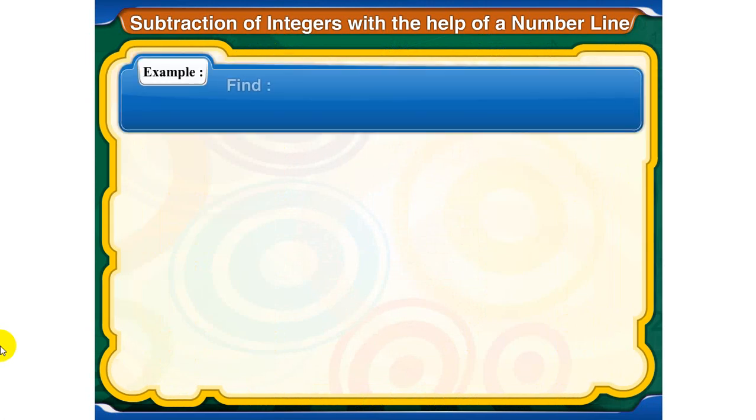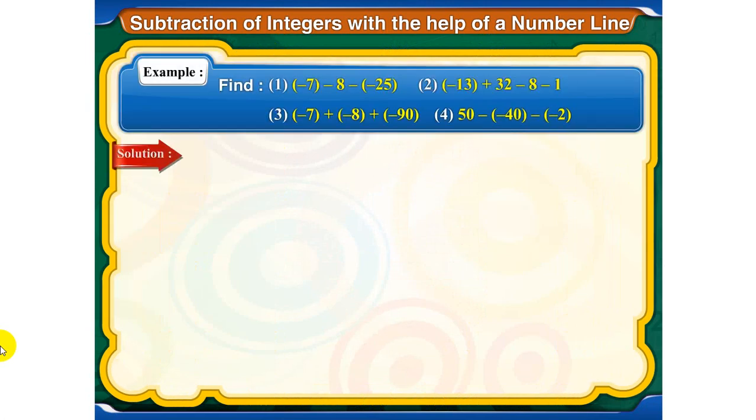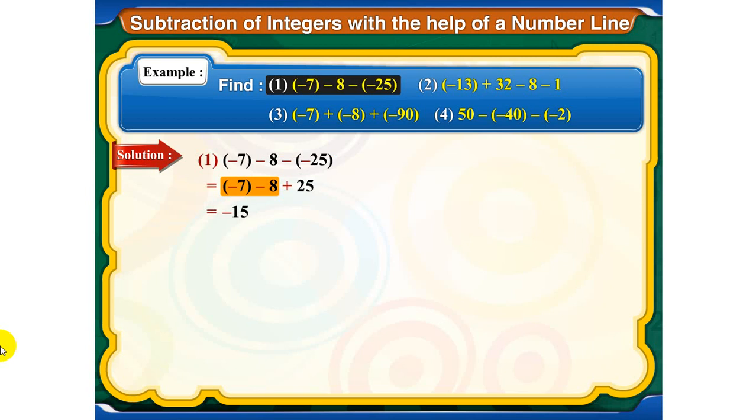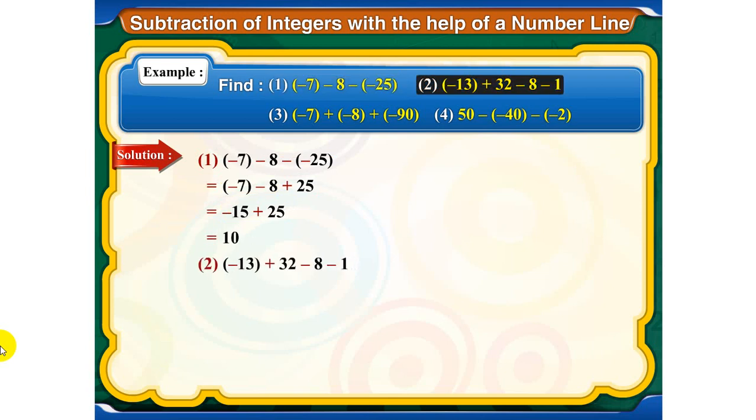Example: find. Solution: 1. Minus 7 minus 8 minus minus 25. This is equal to minus 7 minus 8 plus 25, which is equal to minus 15 plus 25, that is equal to 10. 2.